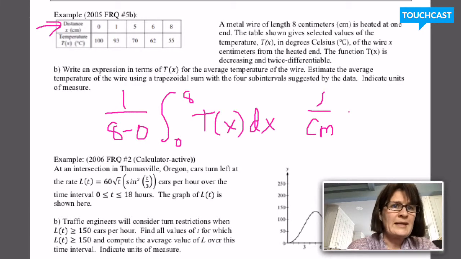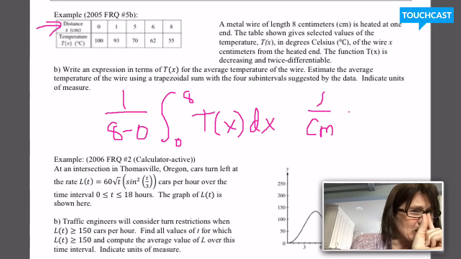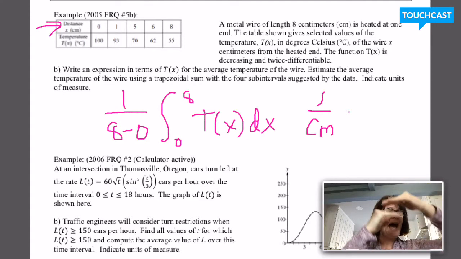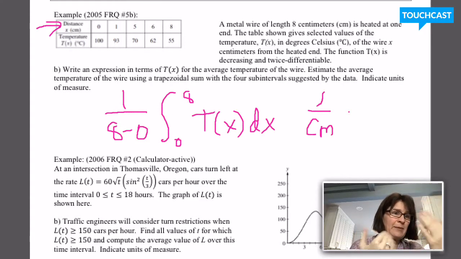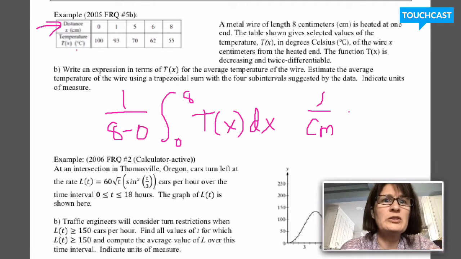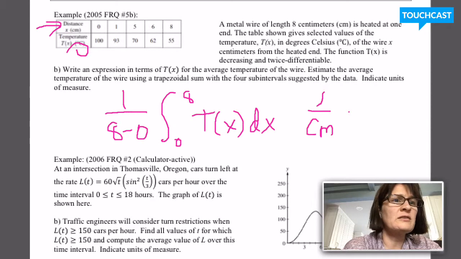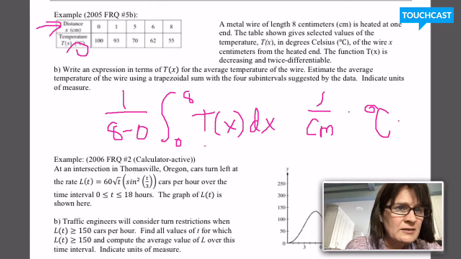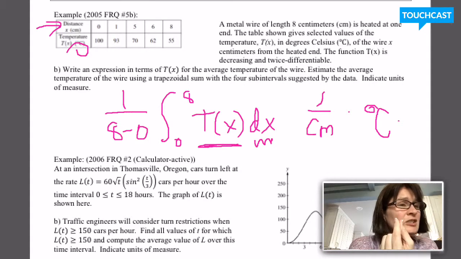And then that's getting multiplied by this integral. This integral represents multiplying a bunch of teeny tiny changes in x's times heights of this function, which happens to be temperature, which we've been told is measured in degrees Celsius. So this is going to be times degrees Celsius, and this dx, that's a teeny tiny change in x.